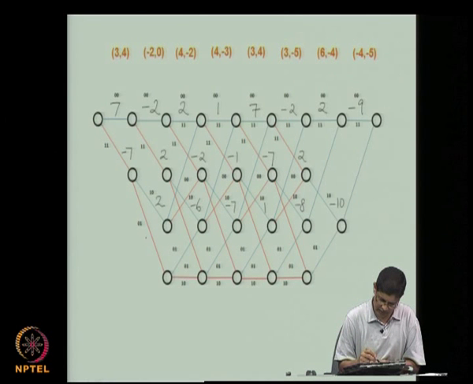Now let us look at this branch, the 0 1 branch, which says take the first one with the plus and the second with the minus.